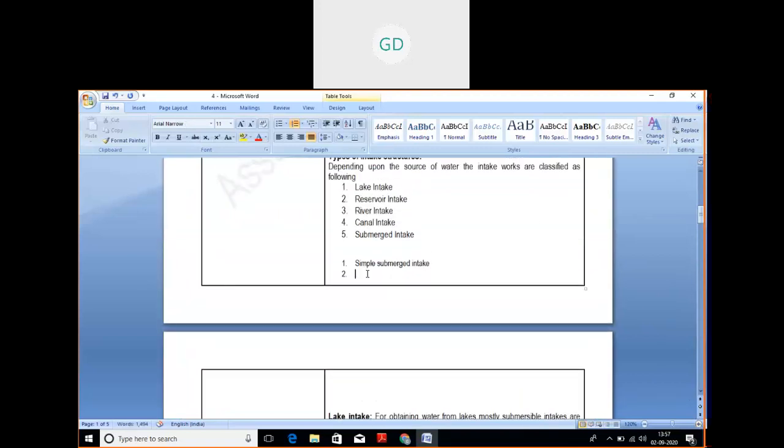Then you can write intake towers. Here, two types of towers are there: wet and dry intake towers.